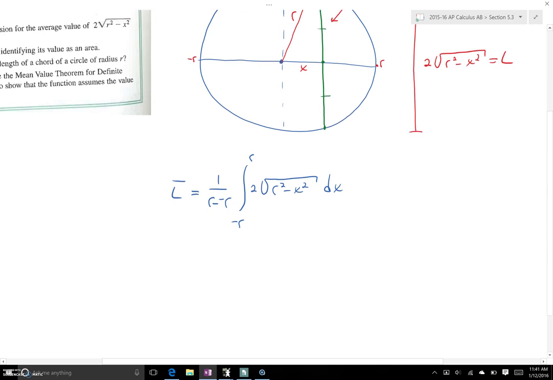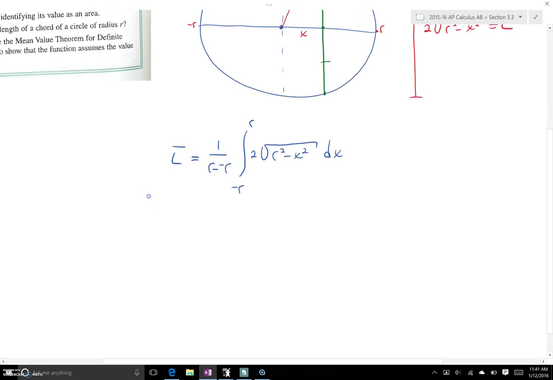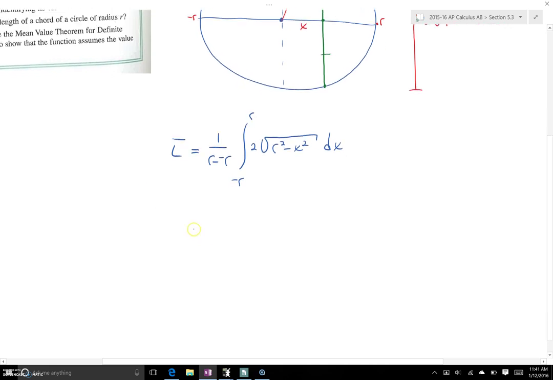Now, again, this isn't an integral that we know how to integrate directly, but we can manipulate it slightly and figure it out geometrically. So let's simplify this a little bit.